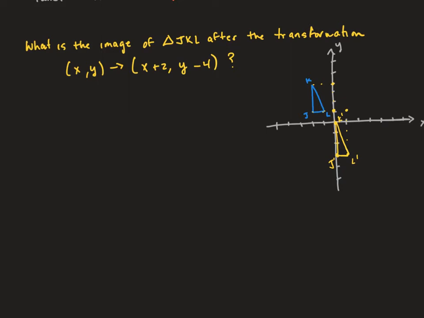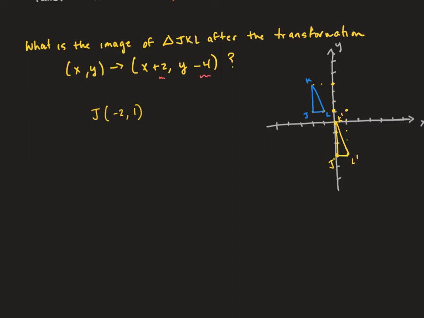And then how would you write that? Let's look at that from a mathematical perspective instead of from graphing. If I look at my pre-image, J is going to be negative 2, 1. And my mapping here was x plus 2 and y minus 4.